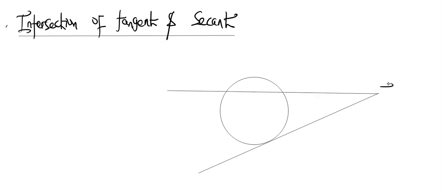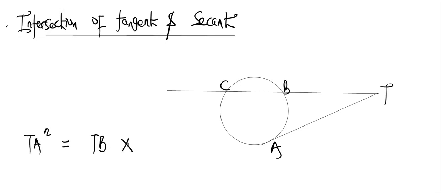So let's say this is T. Let's say this is A, B, C. Formula that connects: TA square equals TB times TC.